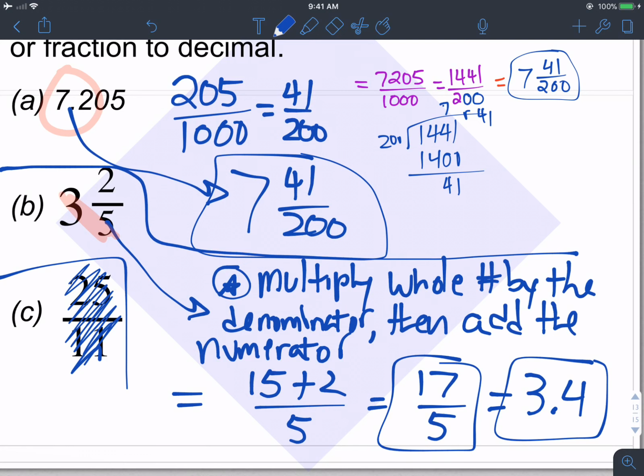Probably easier than my way. Yeah. Ignore the whole number and just do 2 divided by 5, which would be 0.4, and then put the 3 back in. Yep. Thank you.